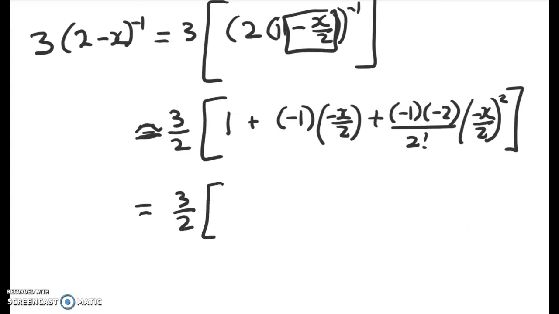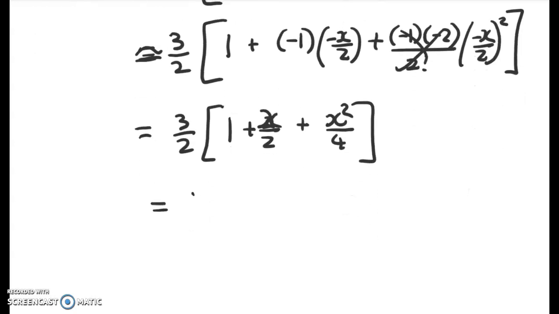That cleans up to give 3 over 2 times 1 plus x over 2. Again that goes, plus x squared over 4. It's got 3 terms: 3 over 2 plus 3/4 x plus 3/8 of x squared.